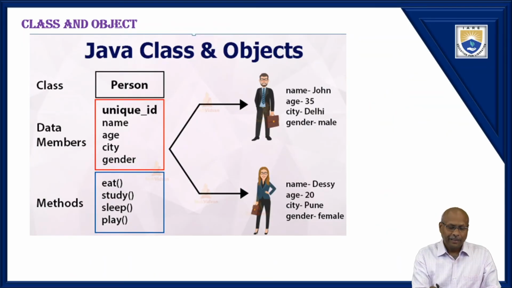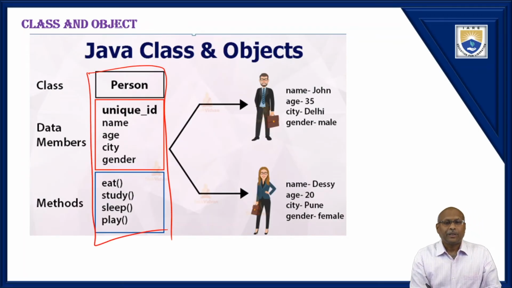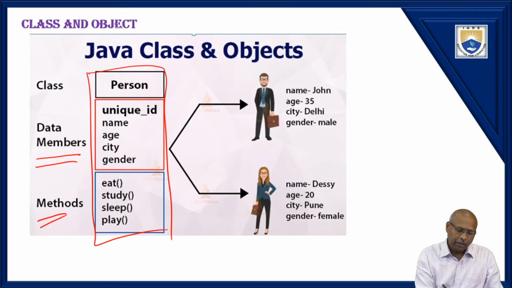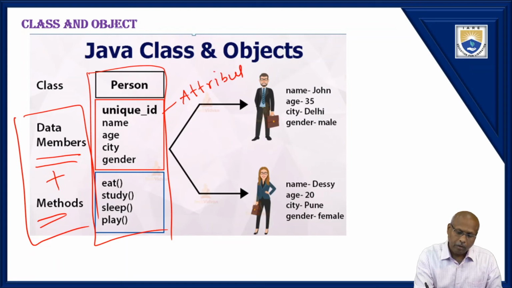Here also you can see a class is a person. A class is a combination of both data members and methods. If you combine both, that becomes a class. The data members are also known as attributes, or also known as properties.